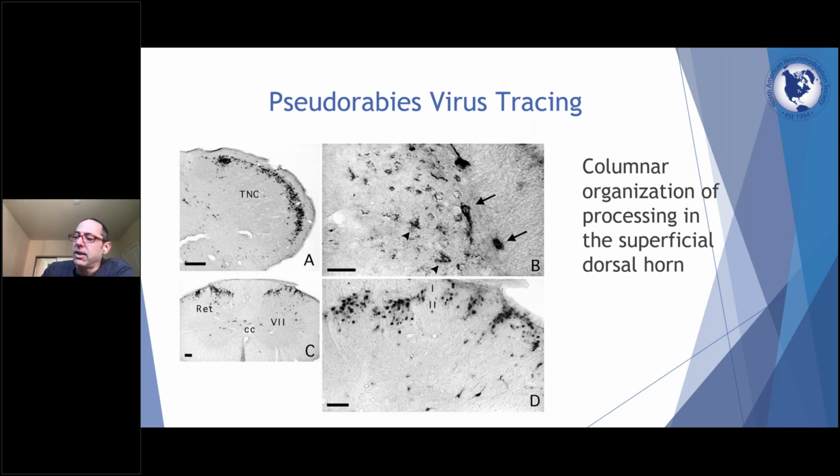And so you can get tracing of pathways in the central nervous system by infecting a nucleus or a site with Pseudorabies virus and then sacrificing the animal after several days and seeing which neurons the Pseudorabies virus has managed to infect. And you can see nicely there in the dorsal horn that we have a columnar arrangement of nociceptive projection neurons in lamina 1 with the interneurons that control them in through lamina 2.